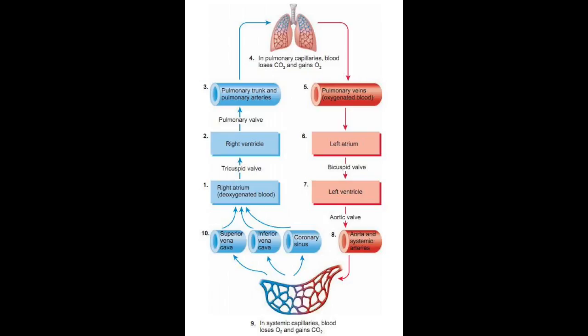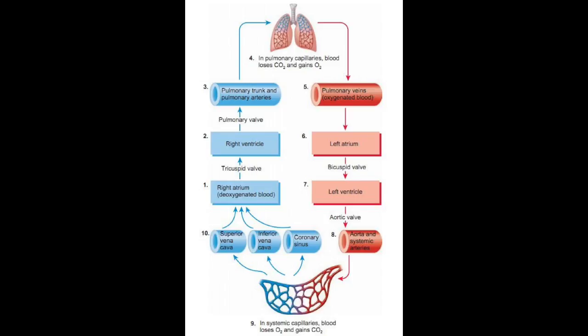If the blood is being received into the heart from the lower part of the body, it'll be received through the inferior vena cava or vena cava. I've heard both ways. And if the blood is being received from the upper body, then it's receiving the blood through the superior vena cava. Inferior means below and superior means above.